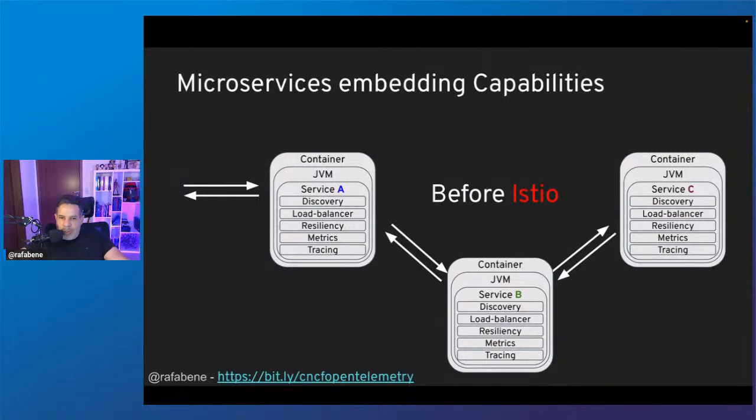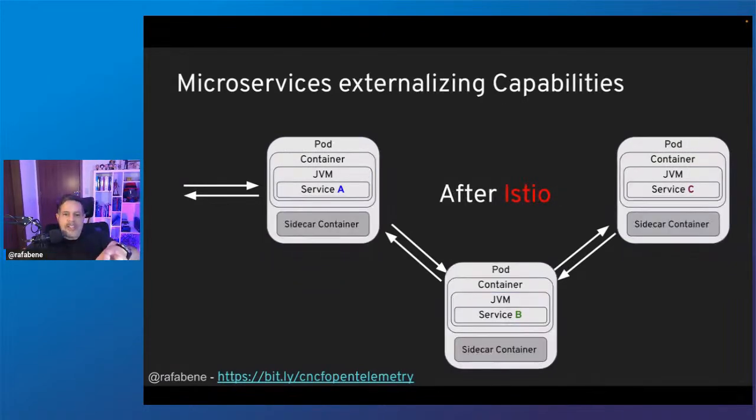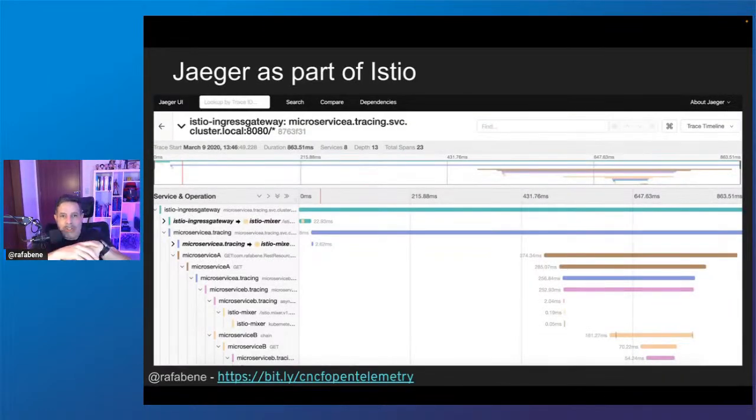And I cannot finish this presentation without talking about Istio, because if you are familiar with Service Mesh, before Istio, inside microservice A, microservice B, and microservice C, we had to place our code related to discovery, load balancing, resilience, metrics, and tracing. But with Istio, all those things can be placed inside a sidecar container, right? So Jaeger is part of Istio.